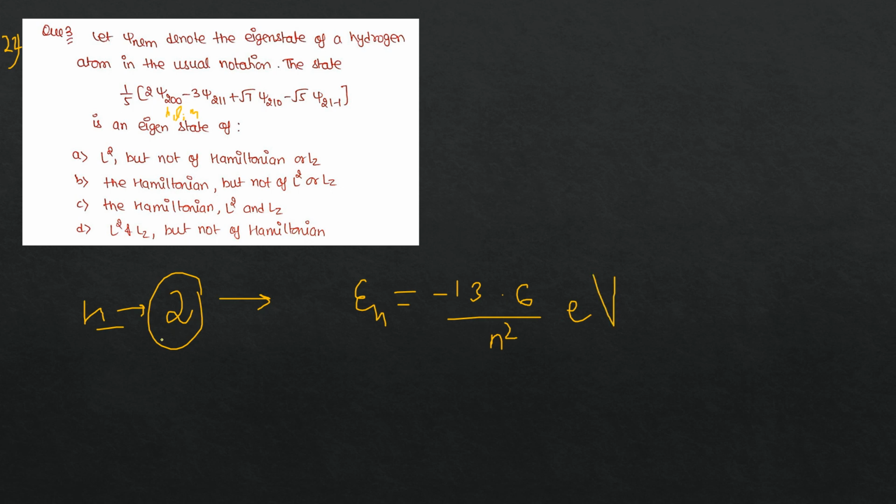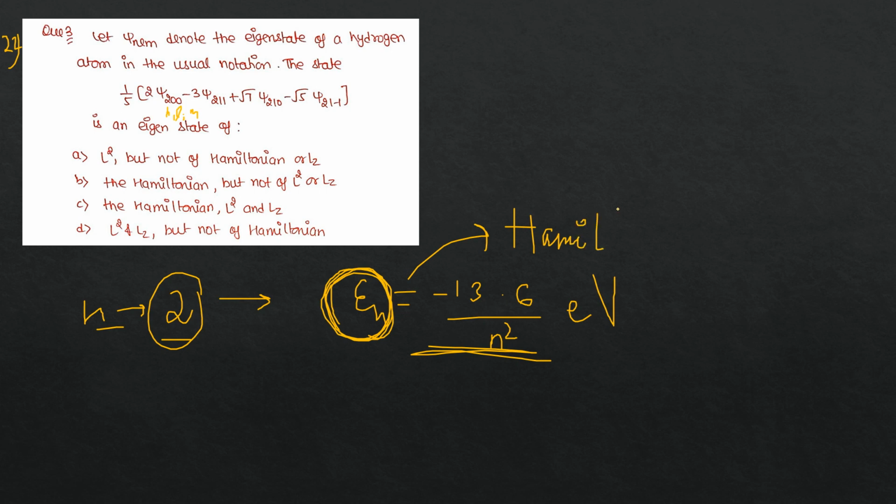So if n value is constant everywhere, then En is conserved, right? Or we can say it's an eigenstate of En, or we can say Hamiltonian. Energy is also called Hamiltonian. So if n is same everywhere, we can say this is an eigenstate of Hamiltonian.